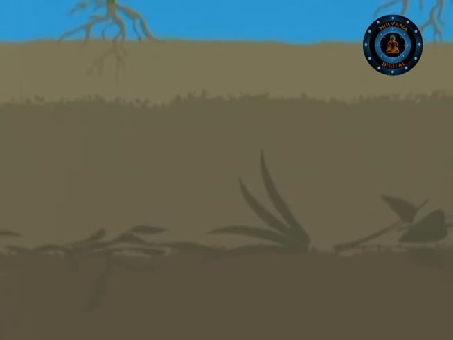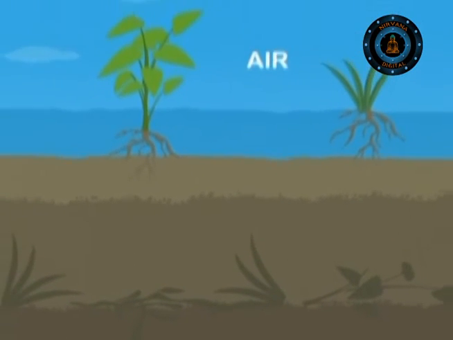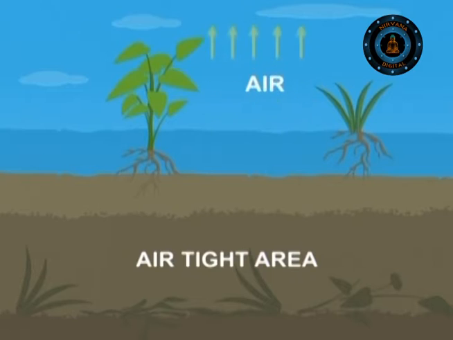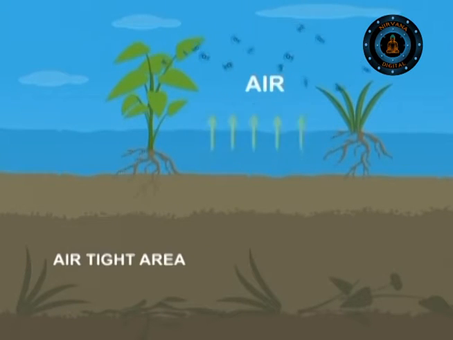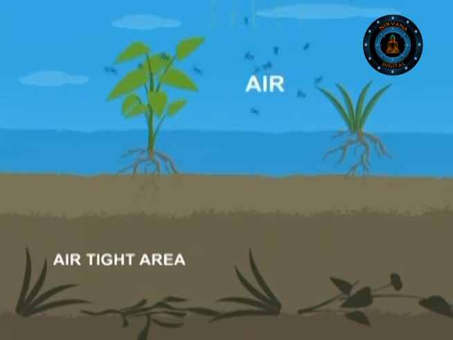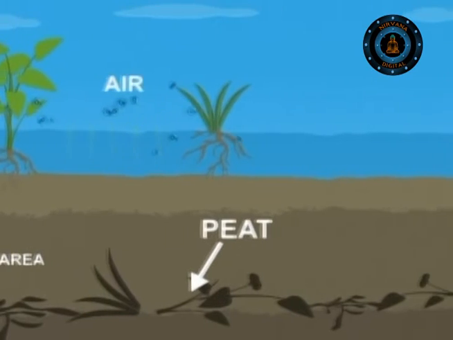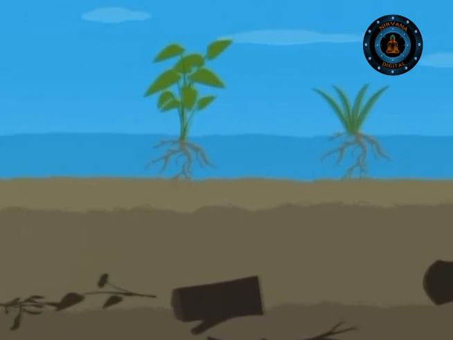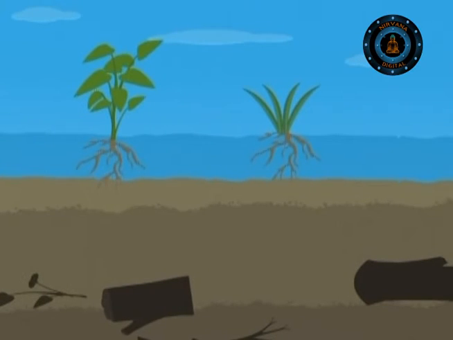The dead plant matter here does not decay easily, as the waterlogged ground stops air from entering, thus creating an airtight area. Due to lack of oxygen, dead plant matter builds up into a dense black substance called peat. This peat contains many undecayed parts of trees, some of them even thousands of years old.